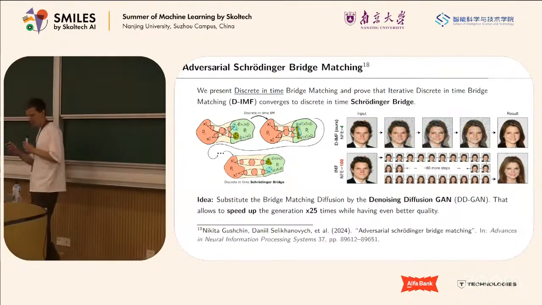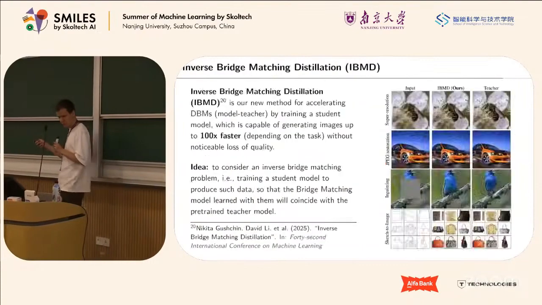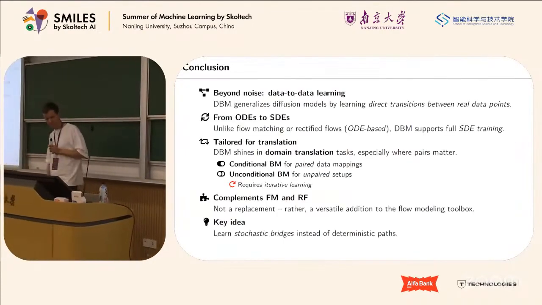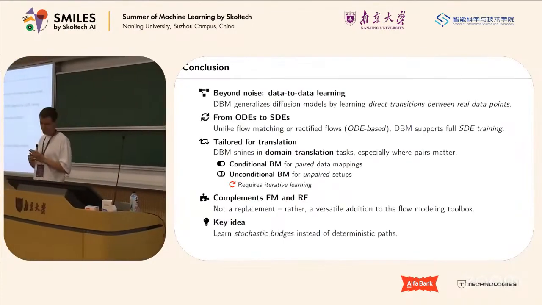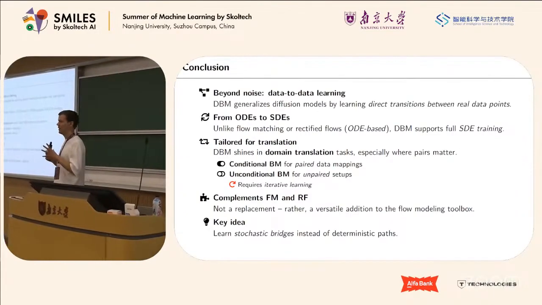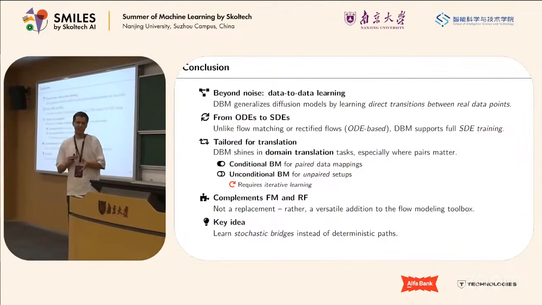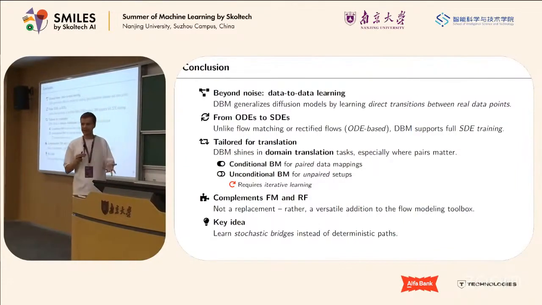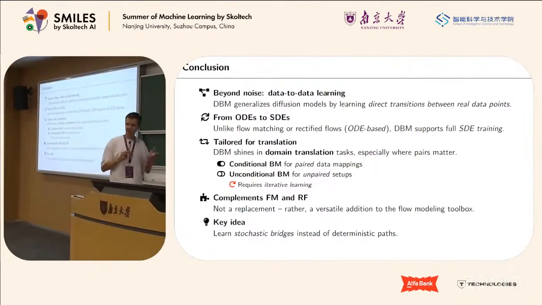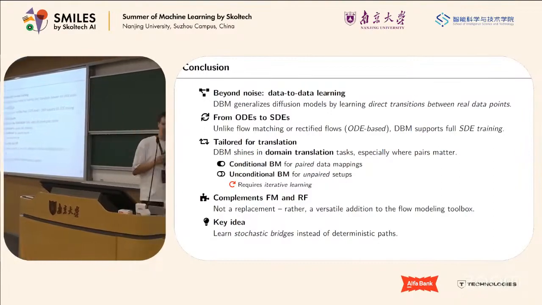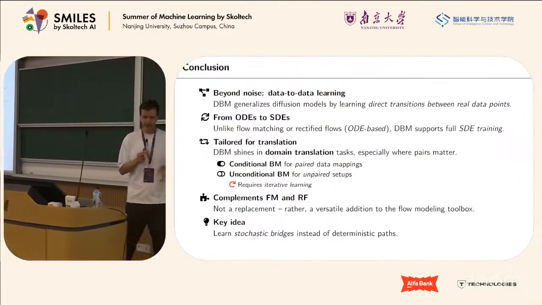Okay, so finally, I think I'll now go to the conclusion. What we discussed today is just an extension of flow matching. You may ask, why is it needed? Why is flow matching not enough? Why am I telling you about all this?